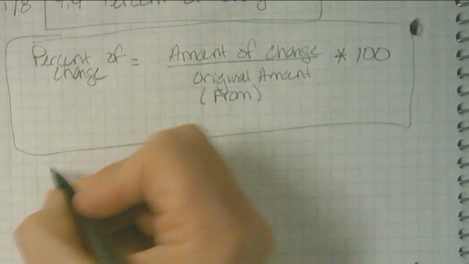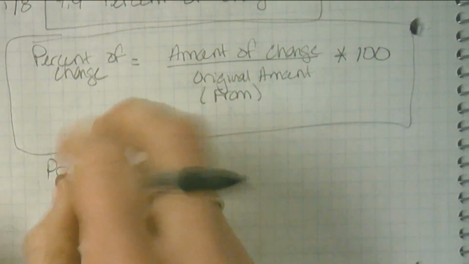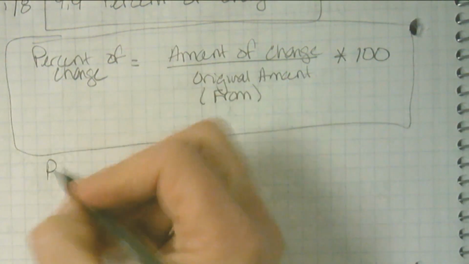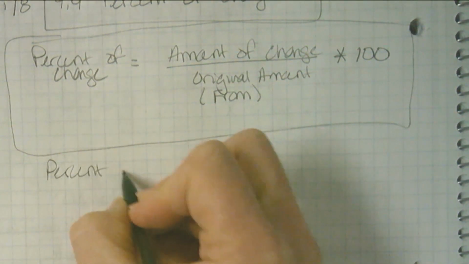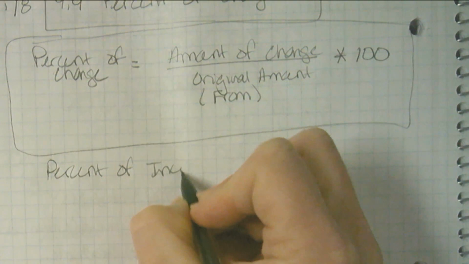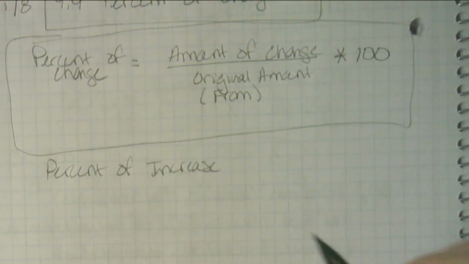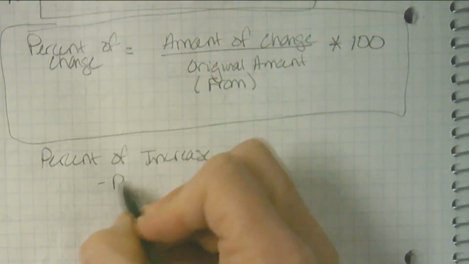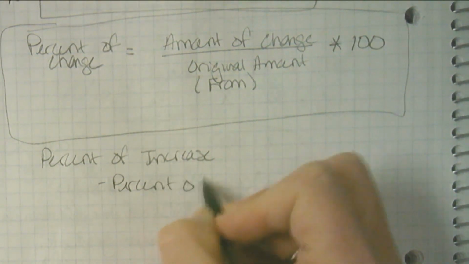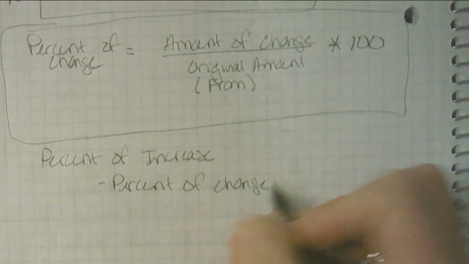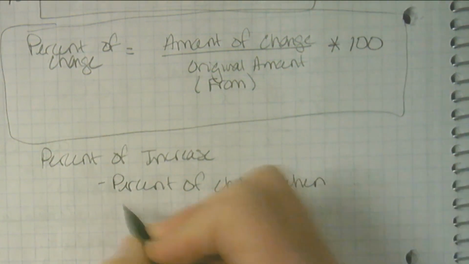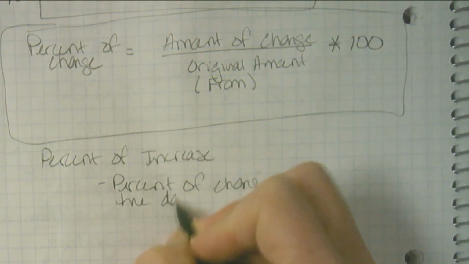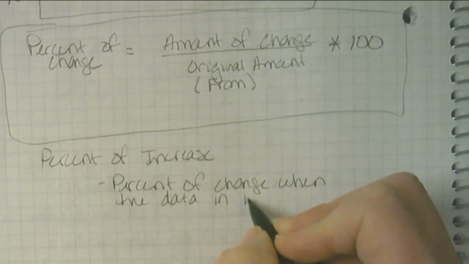They're going to talk about percent of increase and percent of decrease. Percent of increase is percent of change, it's just that they are saying the data is increasing.